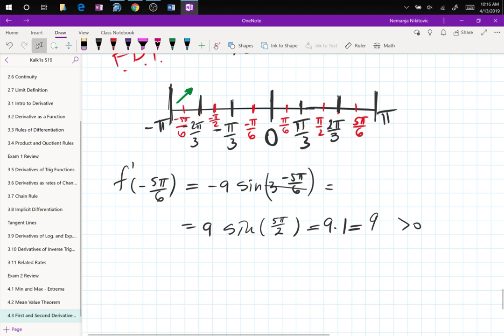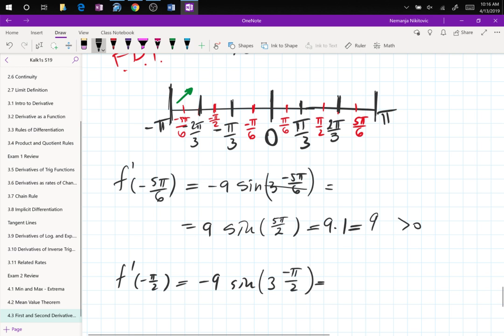Now, the good thing about sine and cosine is it's going to be wavy. So you can immediately go and just put up and down, up and down, up and down. But let's do another one. F prime of negative pi over 2 is going to be negative 9 sine of 3 times negative pi over 2.